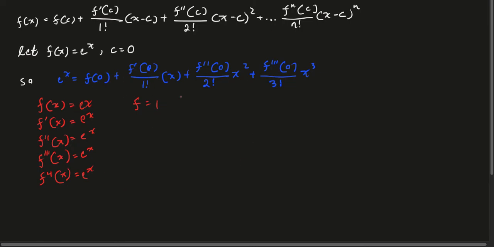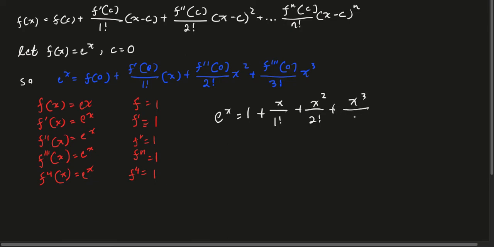So in that case, we're going to write the expansion, which is e to the x equals 1 plus x over 1 factorial plus x squared over 2 factorial plus x cubed over 3 factorial plus x to the 4 over 4 factorial.